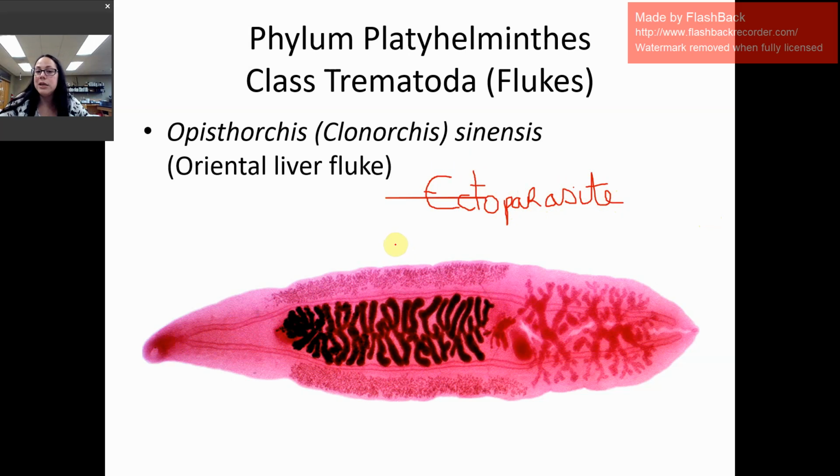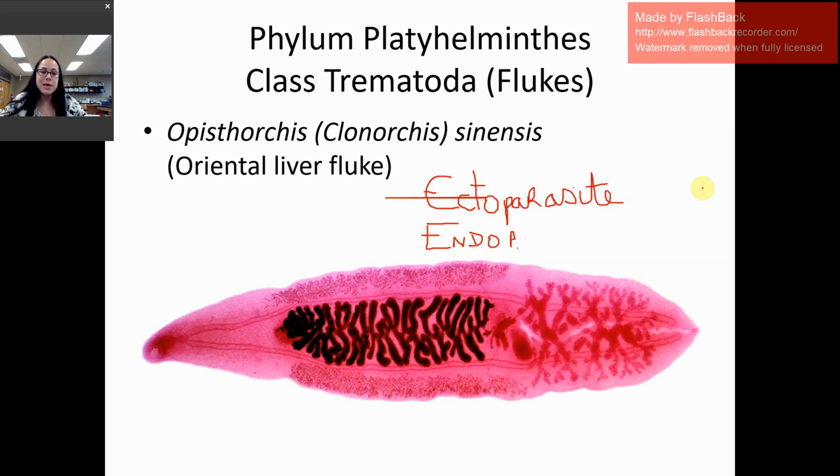Those are the flukes that live on the outside of their host, and then some that live inside are called endoparasites. I'm just going to write P for endoparasite, okay?